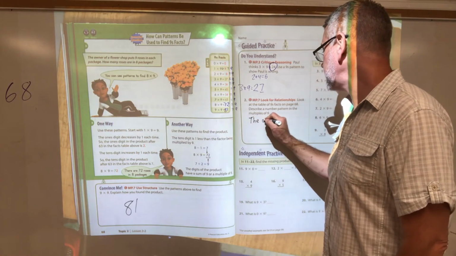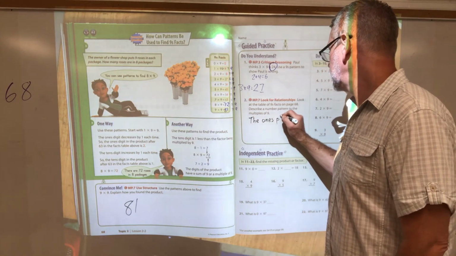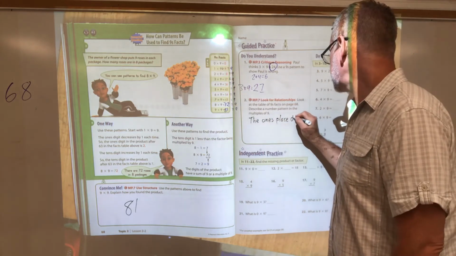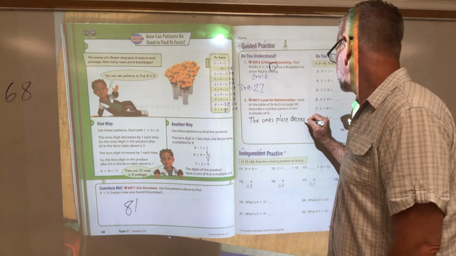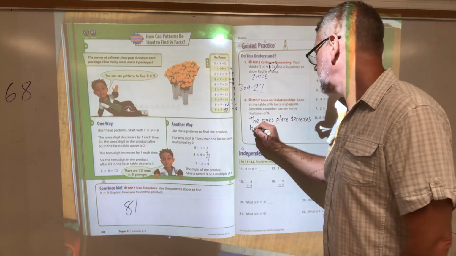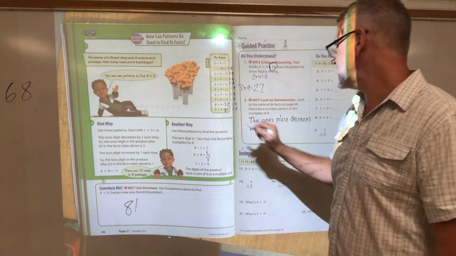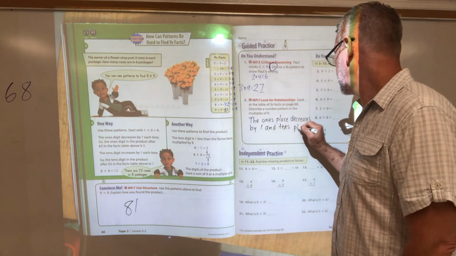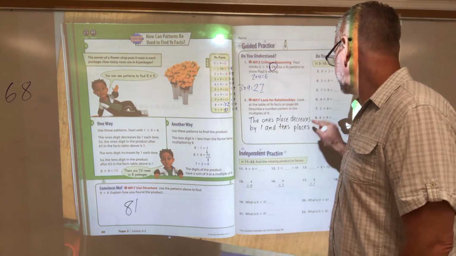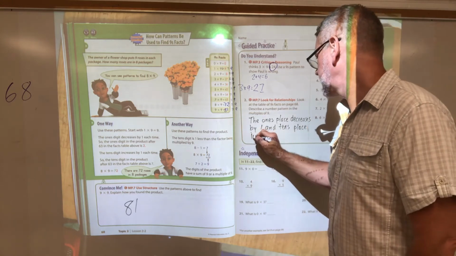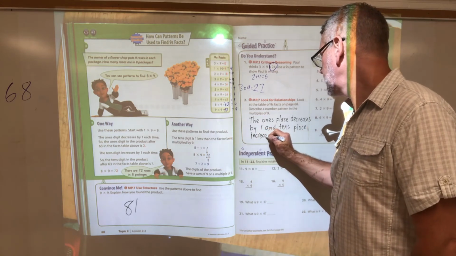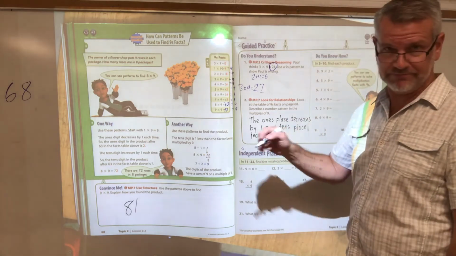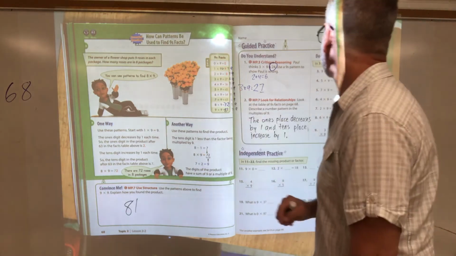The ones place decreases by 1, and the tens place increases by 1, as you go down the chart, as you increase what you're multiplying by.